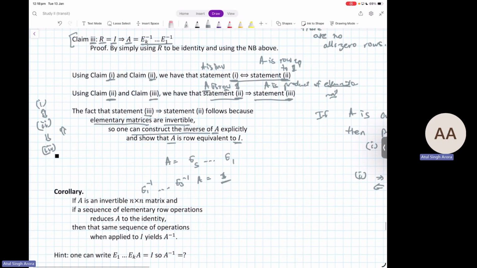And so this has to be identity, and then this is basically just saying that A is row equivalent to identity. Is that okay? So you just have to be careful with the implications. These things are relatively straightforward, but you just have to make sure that you know what you're doing and from which direction.